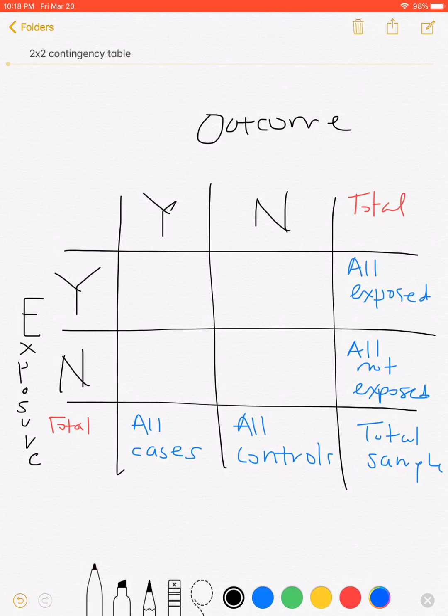In these boxes, you read it as if this line and this line means this box is a yes and a yes. That means yes, they were exposed and yes, they had the health outcome. In this box here, yes, they were exposed, but no, they did not have the health outcome.